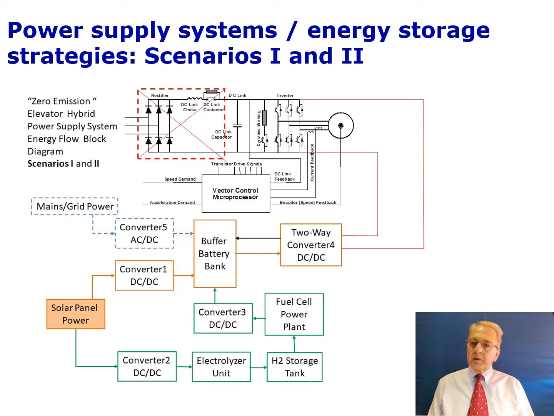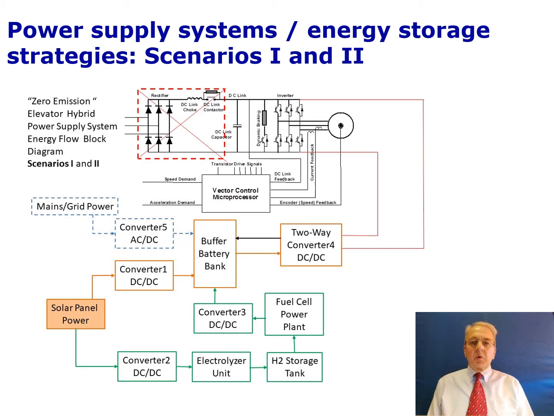Let's now consider a bigger picture. We look at the power supply system and the energy flow block diagram shown on this slide. This involves a variable frequency drive with the rectifier part removed, and we'll discuss 2 locations and 4 strategies.